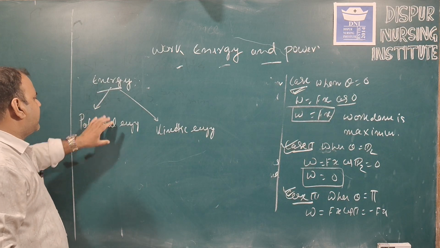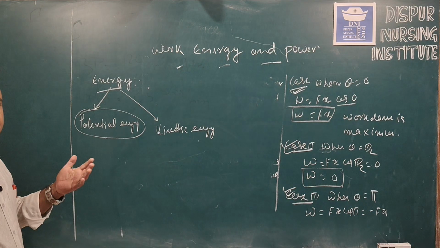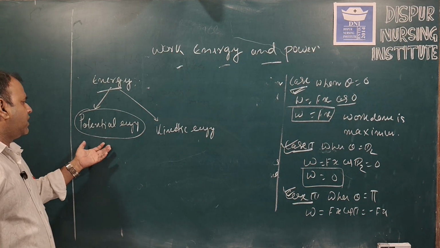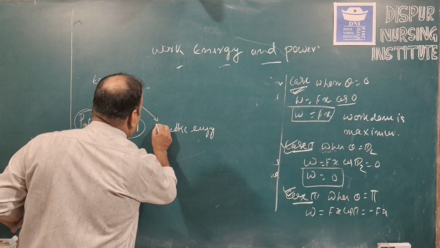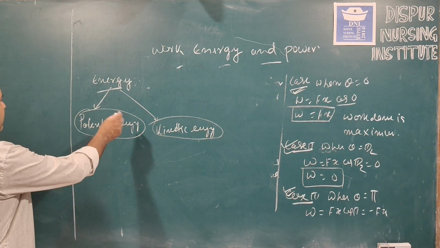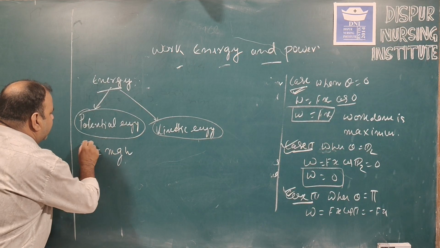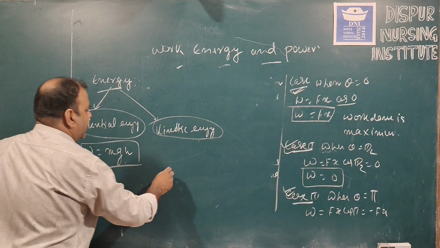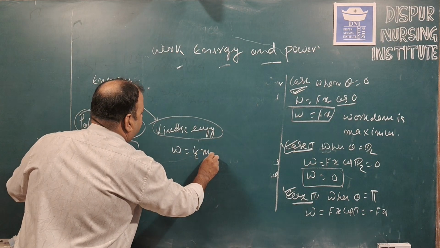In case of potential energy, you remember, the energy possessed by the body when the body is at rest is called potential energy, and the energy possessed by the body when the body is in motion is called kinetic energy. In case of potential energy, the formula is mgh, and in case of kinetic energy, the work done is equal to half mv square.